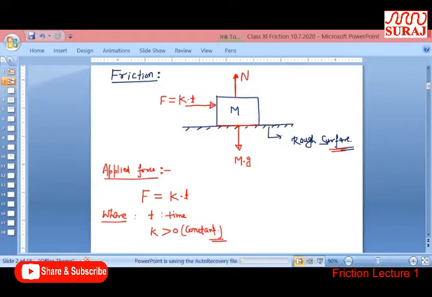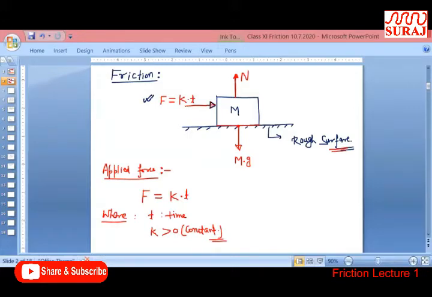So when you apply a force externally to this block placed on a rough surface, suddenly the block will not start moving. It will take some time. It means this applied force F equals kt must be sufficient enough to move this block on this rough surface.